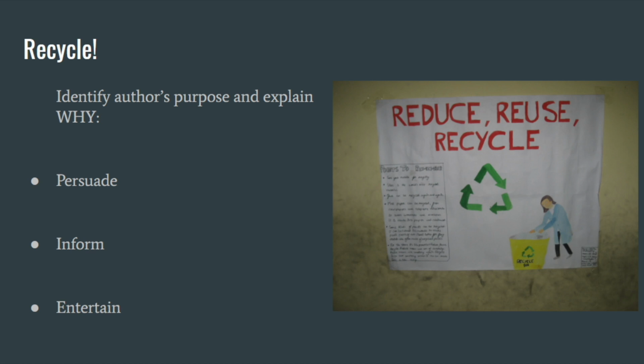Let's think, is this to persuade, to tell us what to do? To inform, give us facts, statistics, and information? Or entertain, to tell us a fun story, to exist merely for the purpose of existing? To me, I see right here three things that I'm being told I should do, namely reduce, reuse, and recycle.